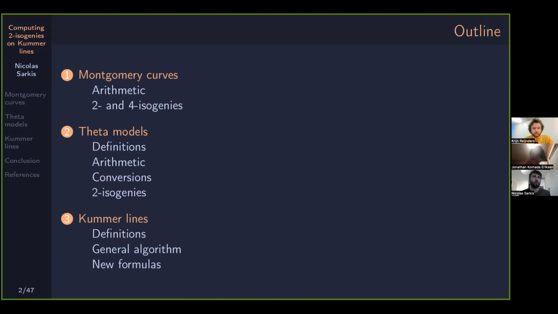So I will first introduce Montgomery curves, theta models, and then get to the more general framework of Kummer lines and how we can compute two isogenies, find results that were already known, and show the more general framework.